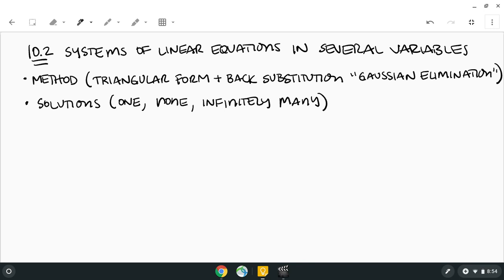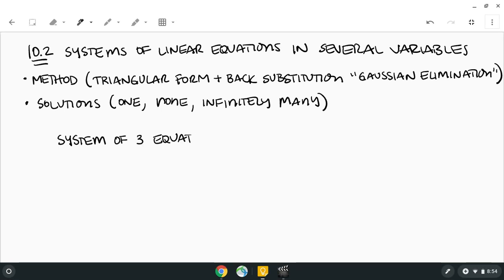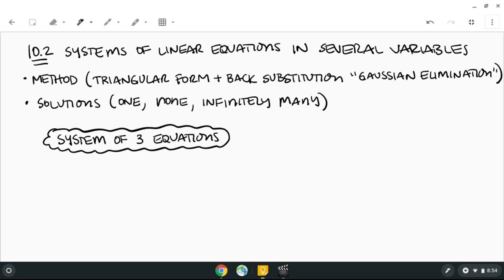So what we're going to be doing is looking at a system of 3 equations. So we'll start off looking like this.